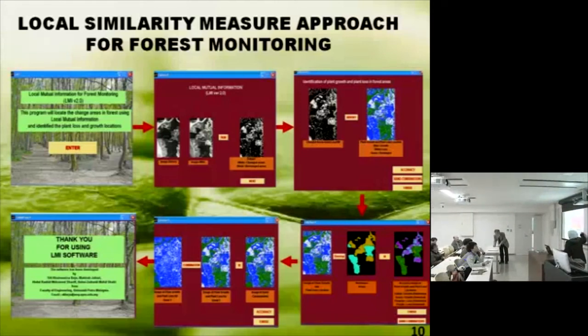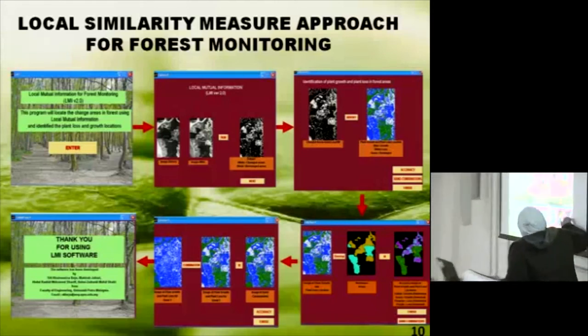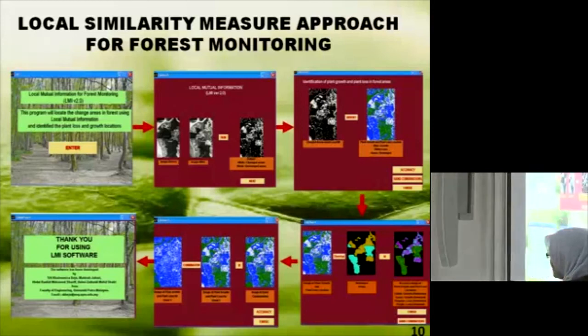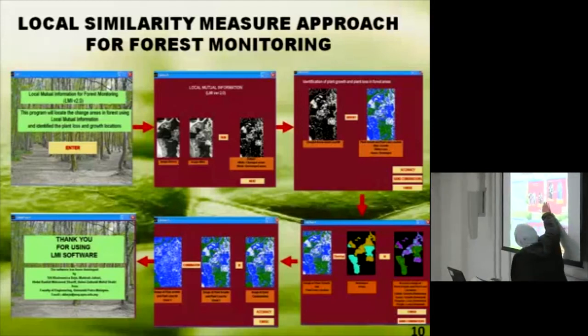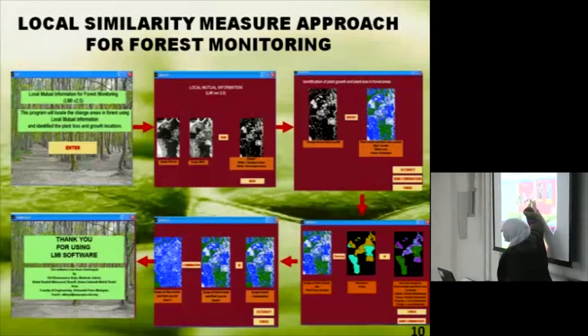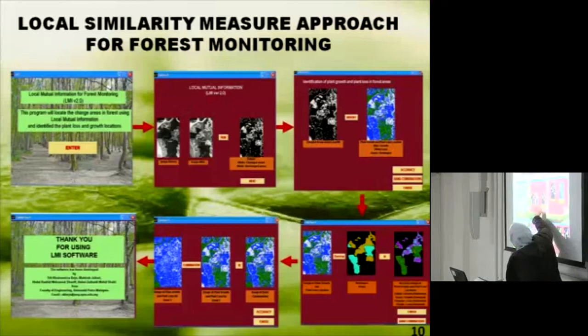This is the final result, which means here the image before and after, and then locate the change area. This is a change and unchanged area, which means the white pixel is the change area, and the black pixel is the unchanged area. And then after that, we identify whether the change area is plant growth or plant loss.